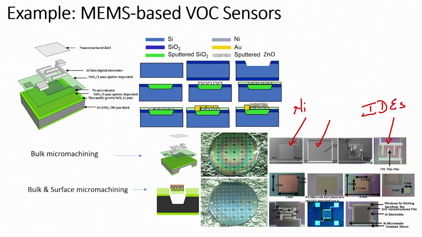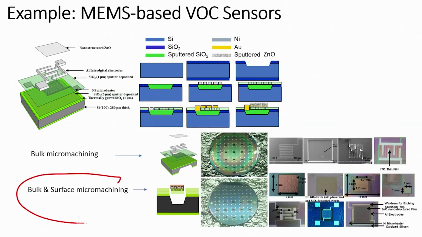Over these IDEs we form a thin film, or we deposit a thin film, of indium tin oxide. So, let us see how this process is done, how we can fabricate this sensor, in the next slide, and then we will come on bulk plus surface micromachining.